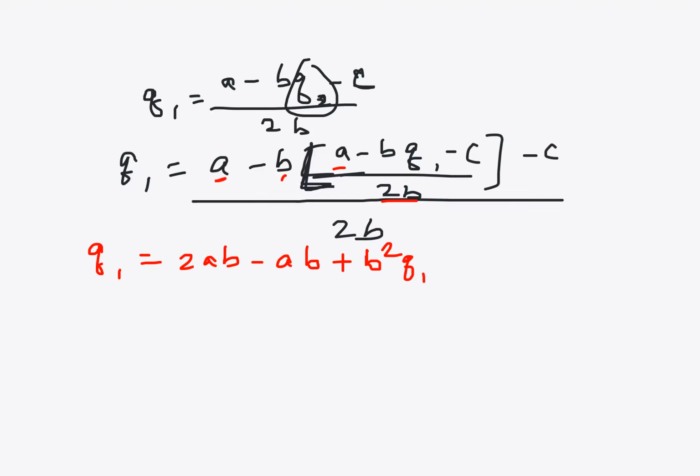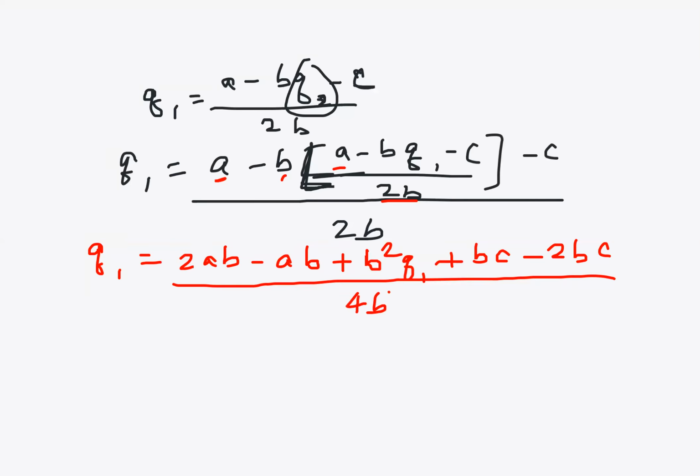And then minus plus BC. And then minus 2BC. And then you divide it by 2B times 2B, which is 4B squared. Right, so this is what we have so far.